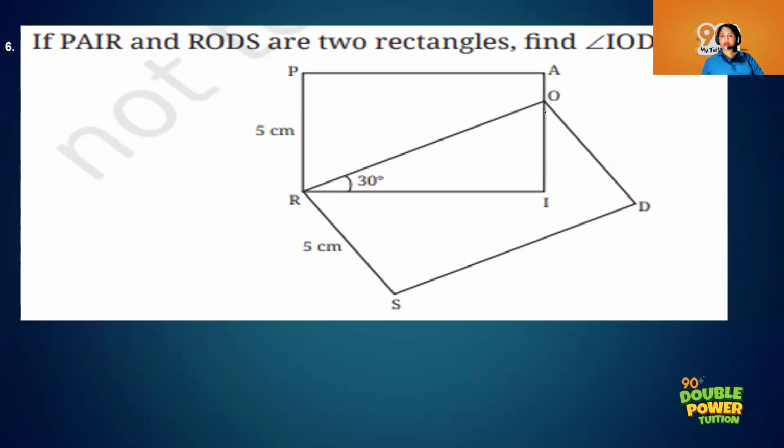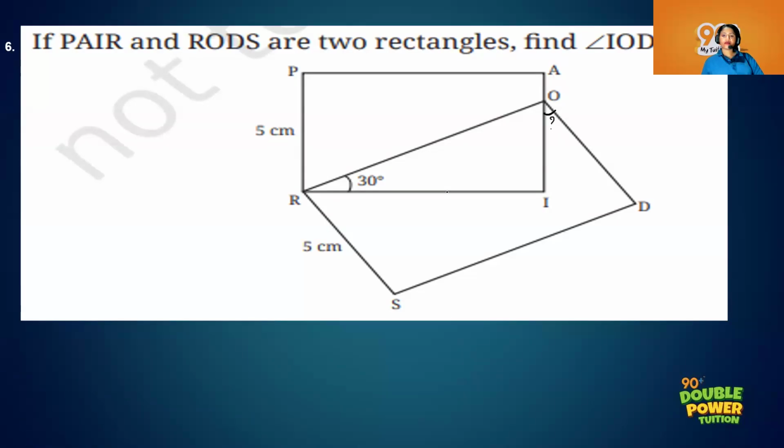That means this angle you have to find. Very simple question. Can you try this question? Gauri, do this question. You have to find this angle.